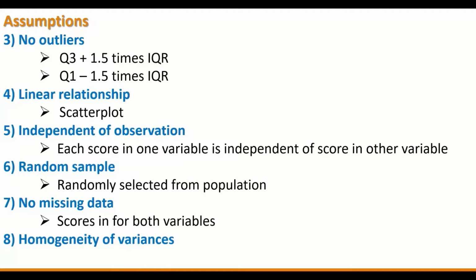And finally, another assumption that needs to be met is the homogeneity of variances, and this can be checked using Levene's test. I've already produced a video clip describing Levene's test. So those are the main 8 assumptions.